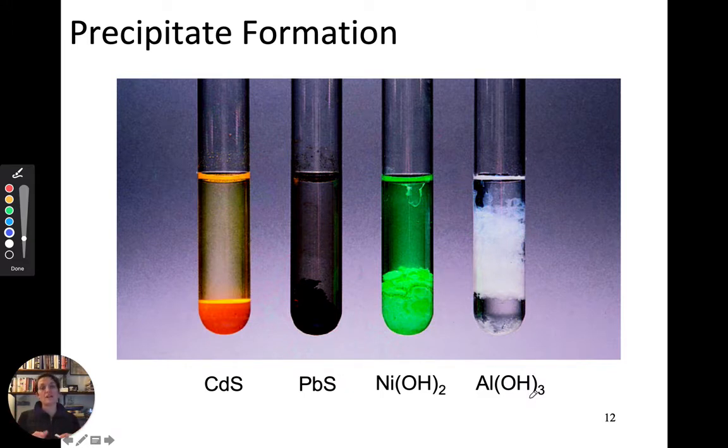You combine those 2, and all of a sudden you have this solid that crashes out of solution. You can think of it as like snow falling. So it falls out of solution. So you have this separation of things that are in a liquid or aqueous phase and those that are solid. A lot of times it kind of starts as this snotty looking stuff, and then over time it'll settle.